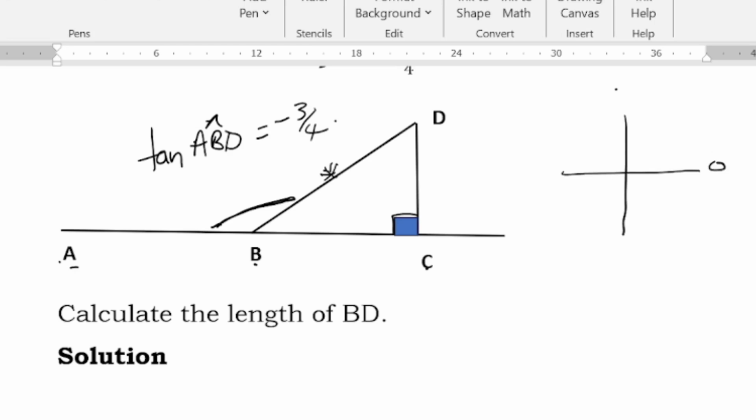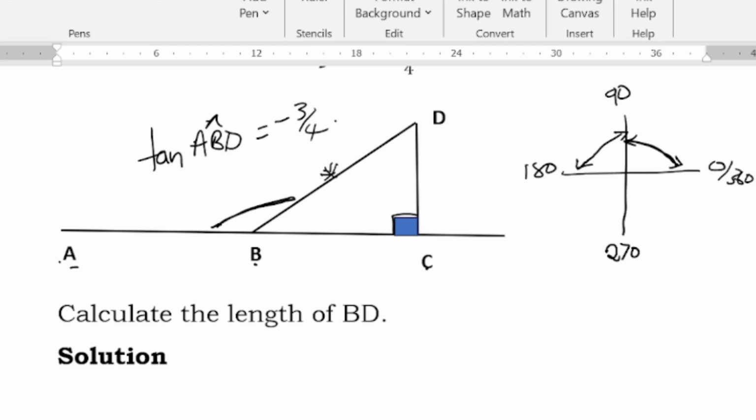This is from 0 to 90, then 180, then 270, and then it comes back here to 360. Any angle that is here has an equivalent angle here.